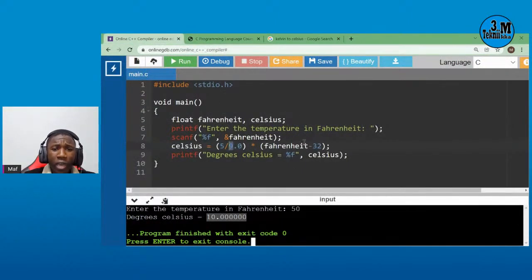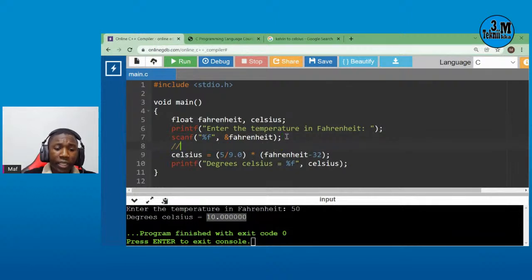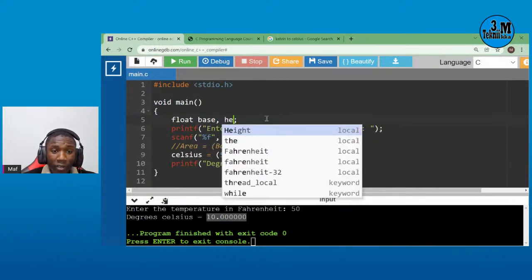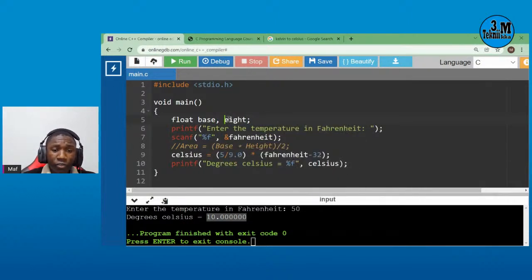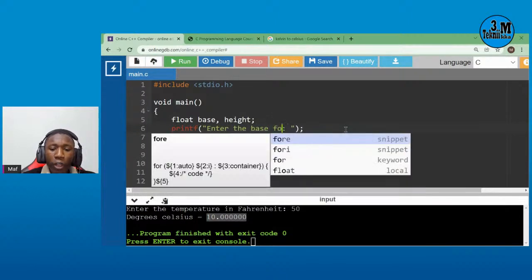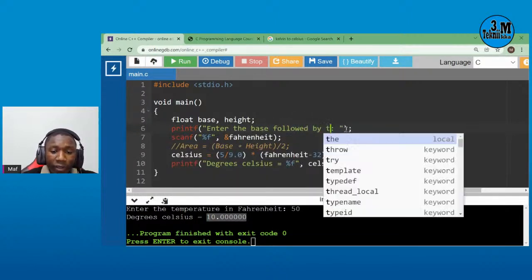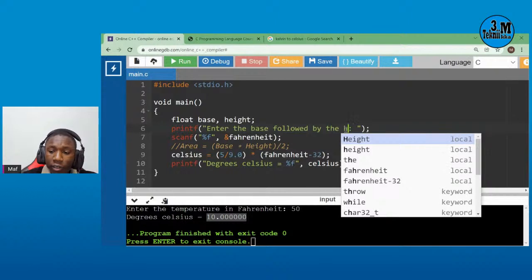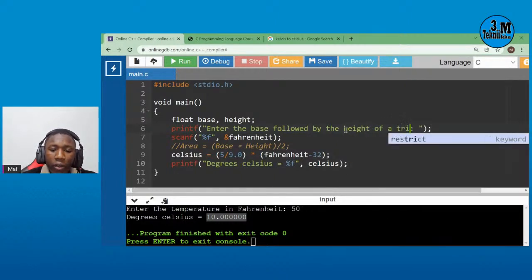For the area of a triangle, the formula will be this one, okay? And here you have the base of the triangle, and then you have the height of the triangle. And here you say to the user, enter the base followed by the height of a triangle.